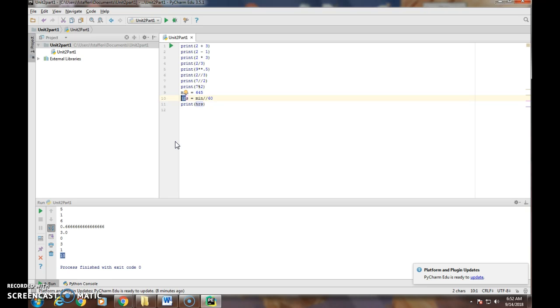Don't forget, we also have, let me just go through our notes here. We could convert decimals into integers, and we can convert integers into decimals. This is called type conversion functions, or sometimes it's called casting. If I want to change the type of something, I could just do something like this.